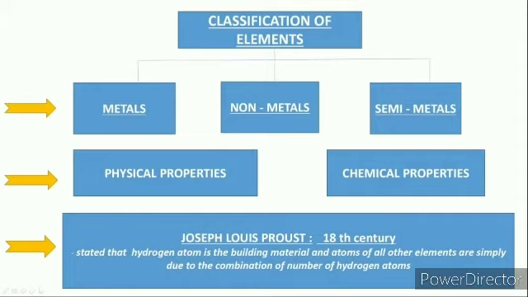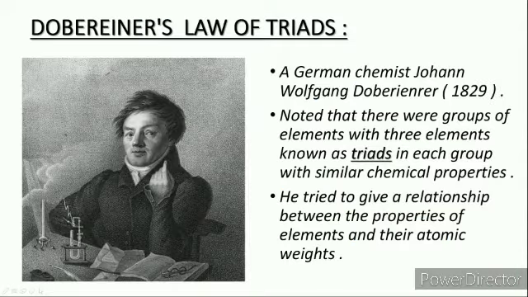In the beginning of the 19th century, Joseph Louis Proust stated that the hydrogen atom is the building material, and atoms of all other elements are simply due to the combination of a number of hydrogen atoms.